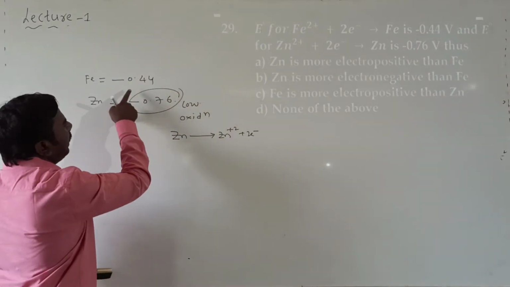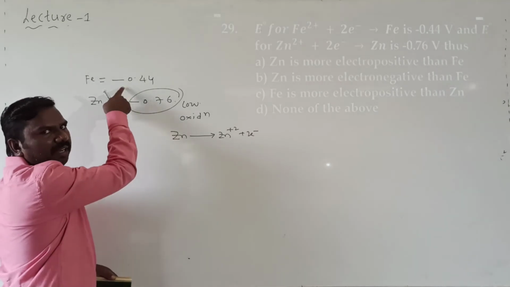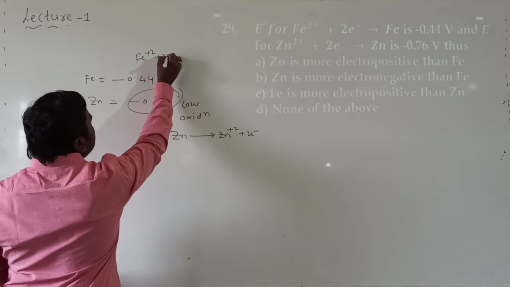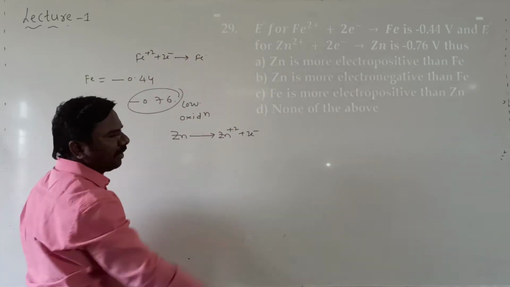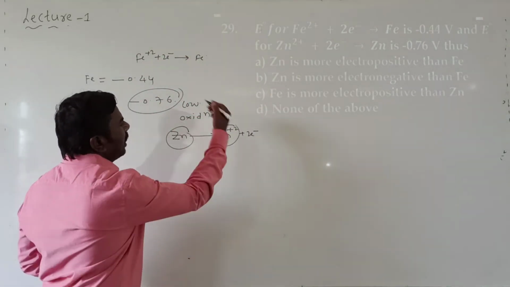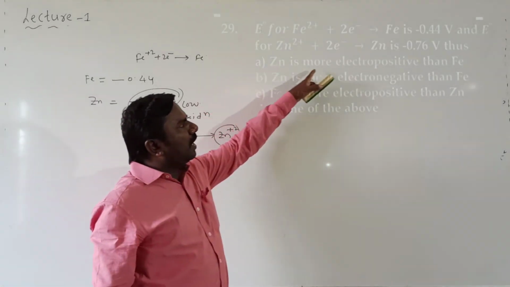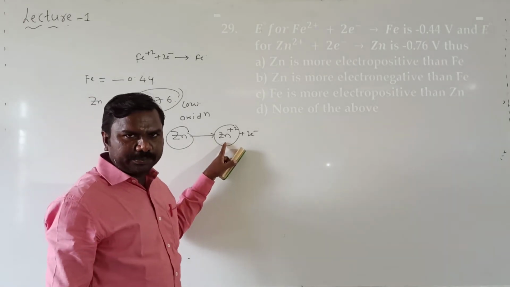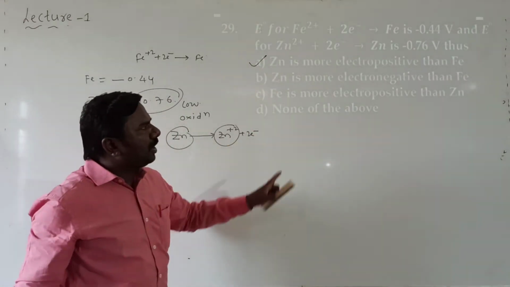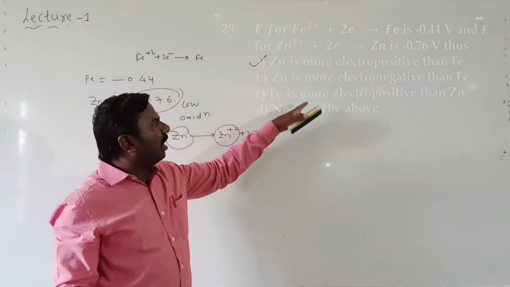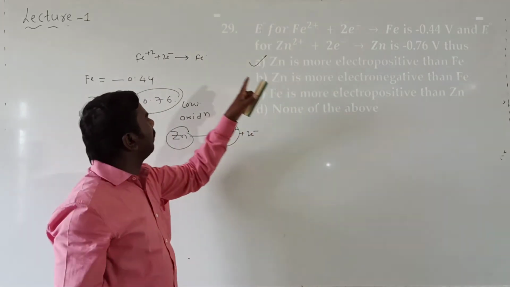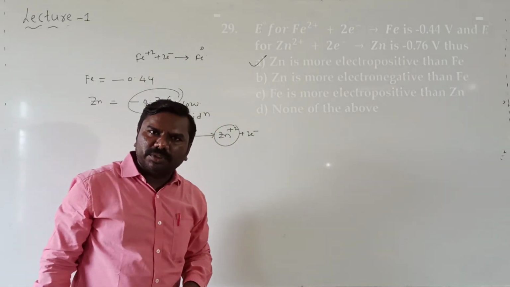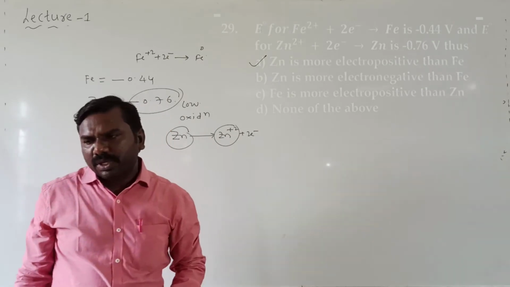Next, iron is relatively higher. Higher means reduction. Reduction means Fe plus 2 gains 2 electrons, then gives rise to Fe. Zinc is converted into Zn plus 2. Zinc is more electropositive than Fe. Yes, zinc is trying to become positive. That's why the answer will be A. The option saying zinc is more electronegative is wrong. The option saying ferrous is more electropositive is also wrong, because ferrous becomes zero oxidation state, not positive. Answer will be the first option. Next.